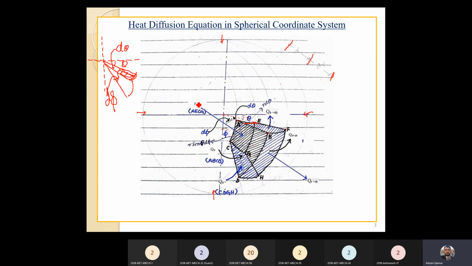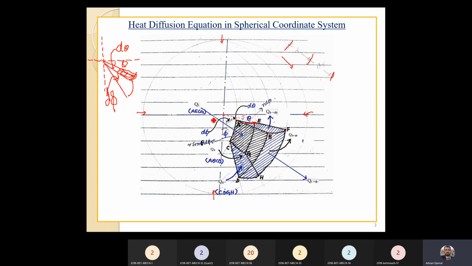So first consider the heat transfer in the radial direction, in the direction of r, this direction. So from the center to here, the heat is entering from this direction, Qr.